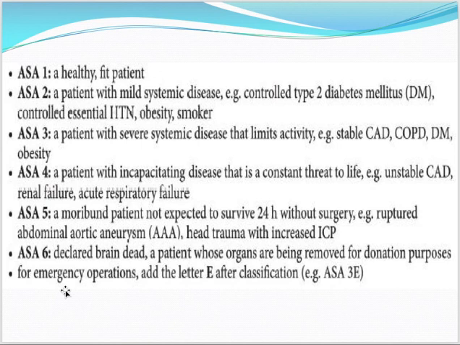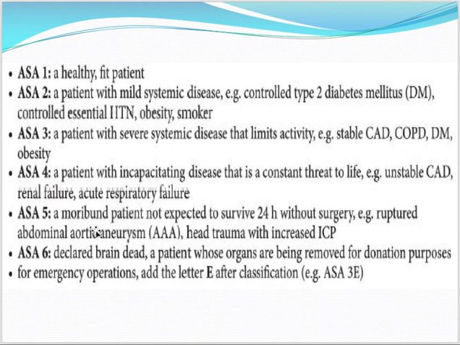So now you can see over here, ASA 1 is a healthy fit patient. ASA 2 is a patient with mild systemic disease, like controlled type 2 diabetes mellitus, or an obese patient or a smoker. ASA 3 is a patient with severe systemic disease, like COPD, diabetes mellitus. ASA 4 is a patient with incapacitating disease that is a constant threat to life, like unstable coronary artery disease, renal failure, things like this.